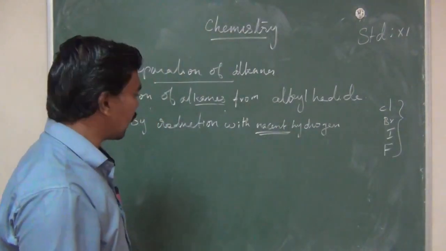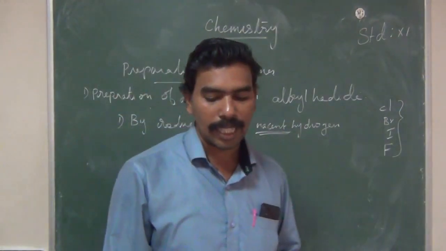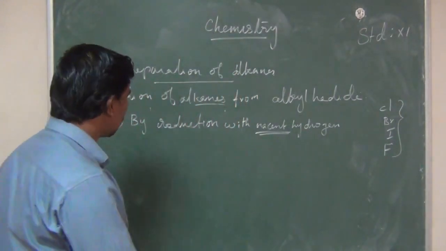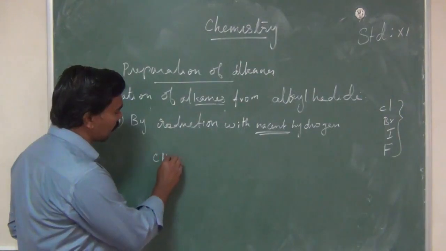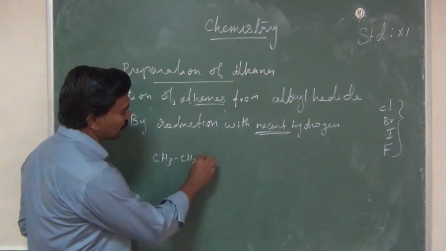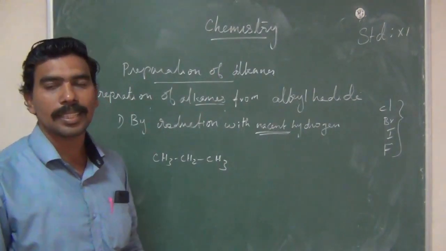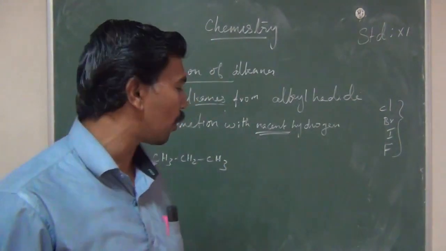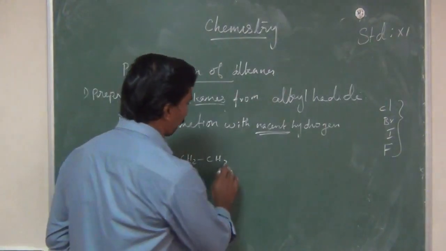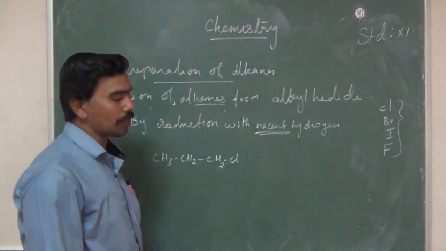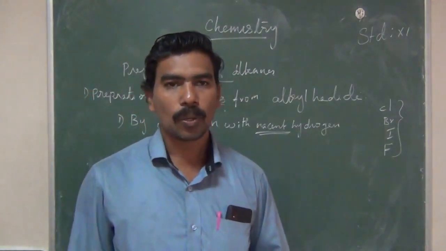Here the alkyl halide taken is chloropropane. The propane formula, you know, has 3 carbon atoms, CH3, CH2, CH3. When one hydrogen is replaced by chlorine, that is the chloropropane, CH2Cl.